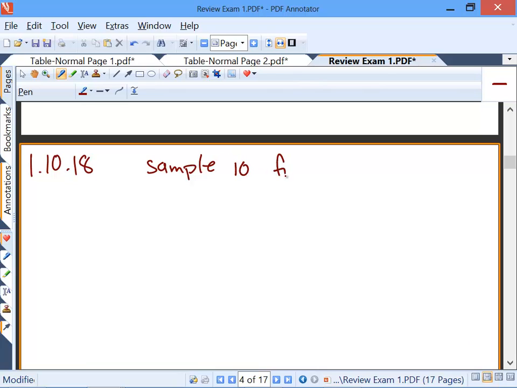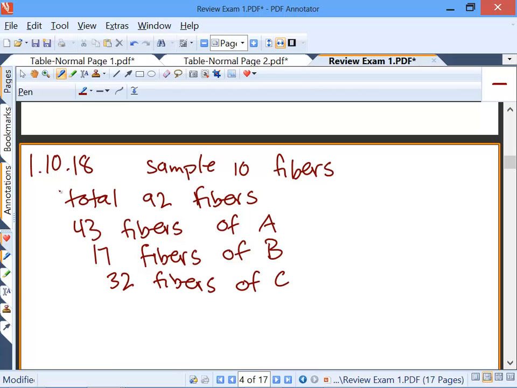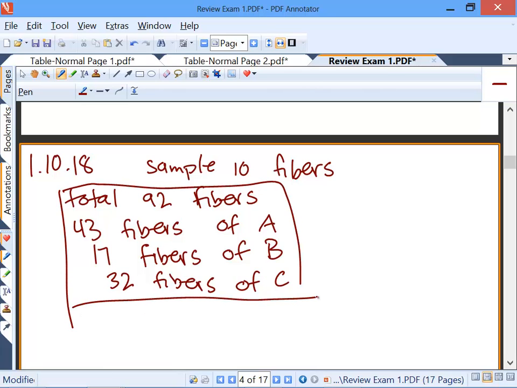So we have a sample of 10 fibers from a collection of, let's see, a total of 92 fibers. We have 43 fibers of polymer A, 17 fibers of B, and 32 fibers of C. So this is my pool from which to draw, and it appears that we are drawing 10 fibers overall.